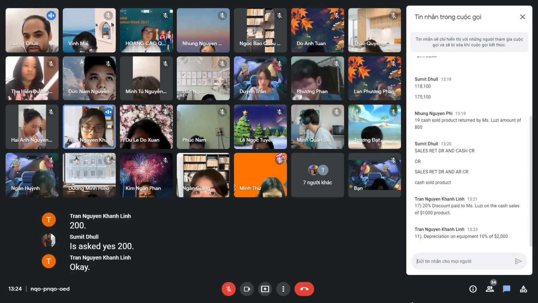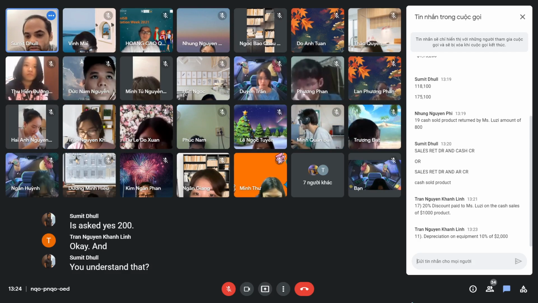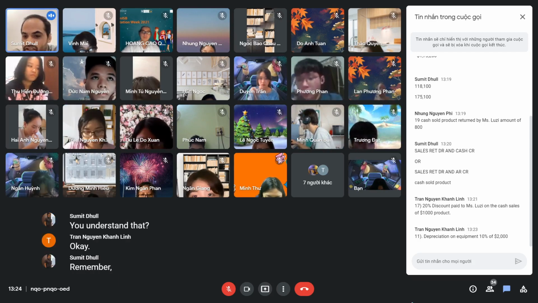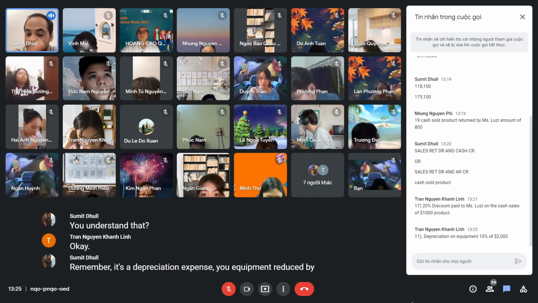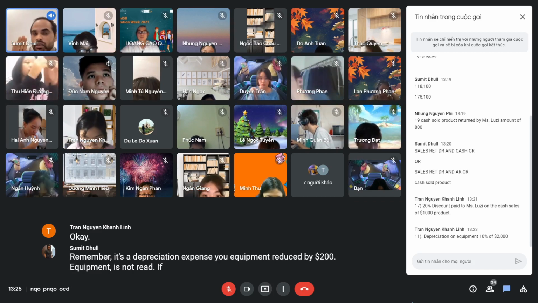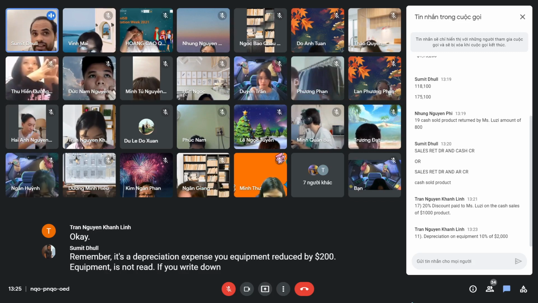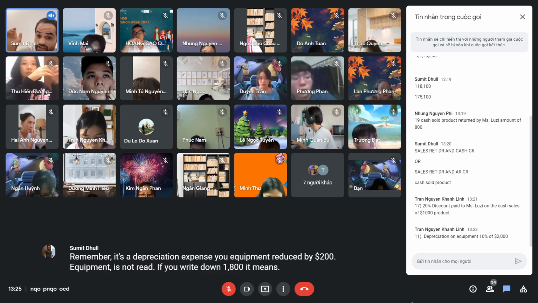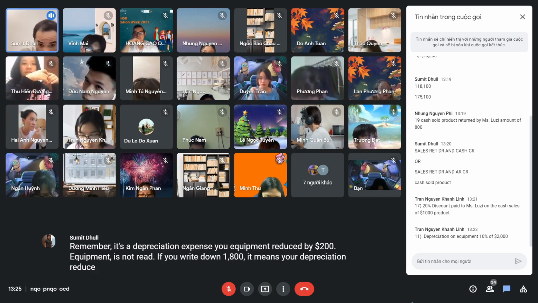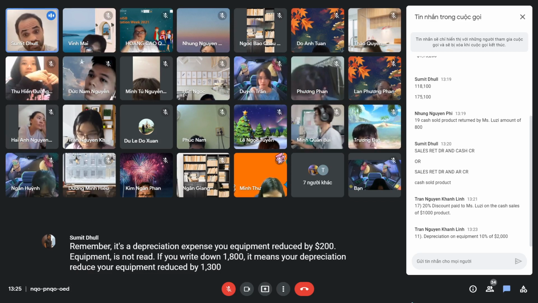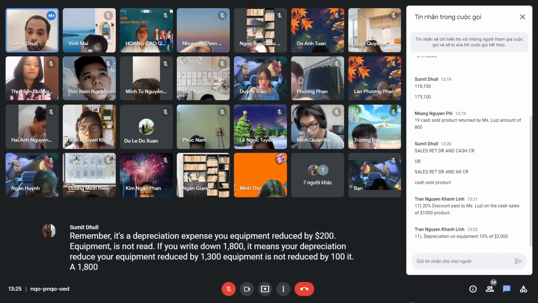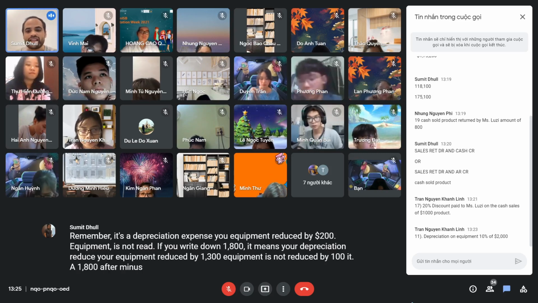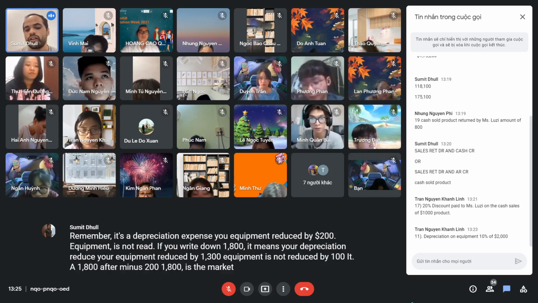Okay. You understand that? Remember, it's a depreciation expense. Your equipment is reduced by $200. If you write down 1,800, it means your equipment is reduced by 1,800, but equipment is not reduced by 1,800. After minus 200, 1,800 is the market value of equipment.